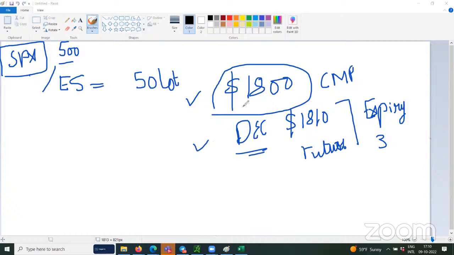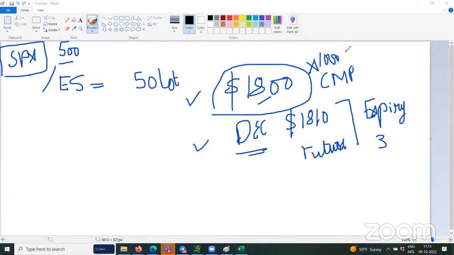For buying gold, you need to spend $1,800. And if you're buying futures, you are only paying about $8,000 for almost 1,000 ounces. So if you want to buy physical gold, you have to pay this much money in your account.